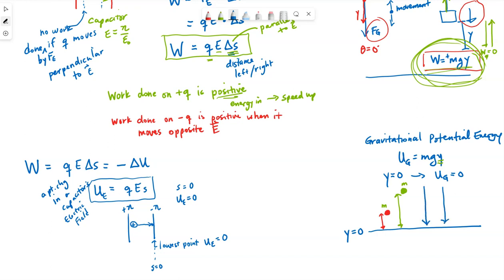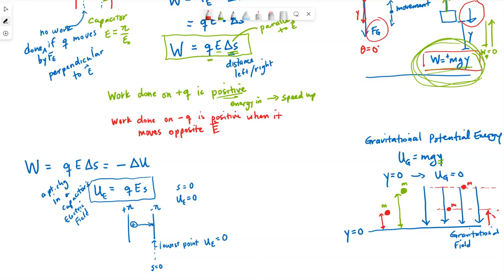We can draw what we would call a gravitational field that's uniform as long as we're near the Earth, and that would describe how the Earth is influencing the region of space around it. And when we put different masses at different heights, they have different amounts of energy specifically because of where they are in this field.